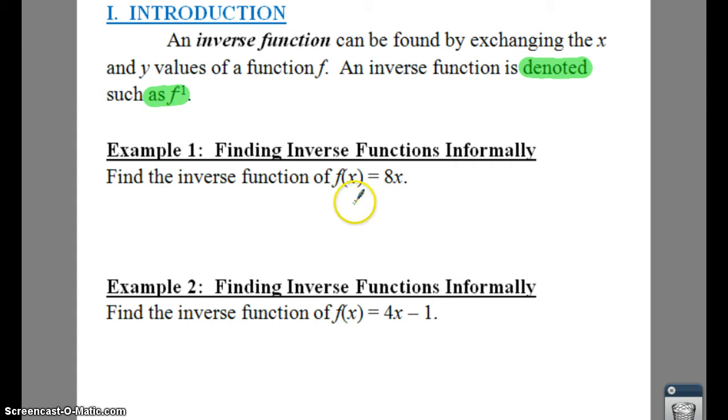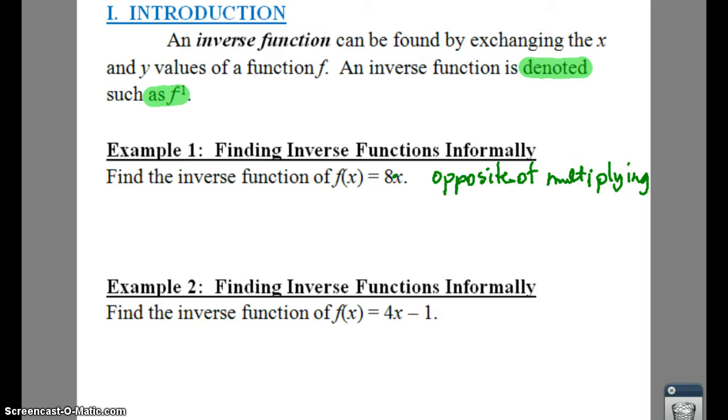In this case, this is f of x equals 8 times x. So if we're going to find this informally, what is the opposite of multiplying? Well, since you asked, the opposite of multiplying is going to end up being dividing.